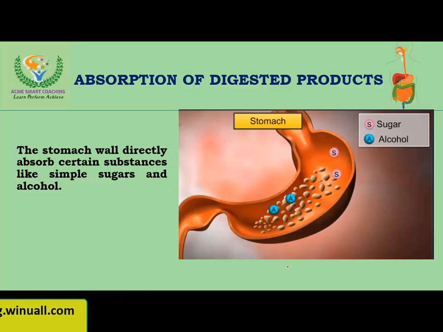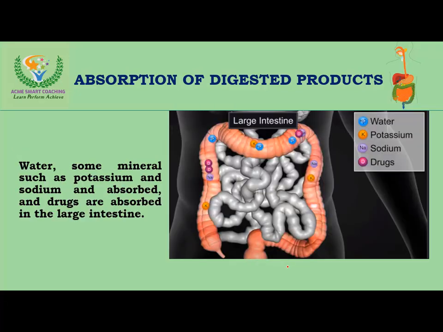The stomach wall also directly absorbs certain substances like simple sugars and alcohol. The large intestine absorbs water, some minerals like potassium and sodium, and certain drugs also.